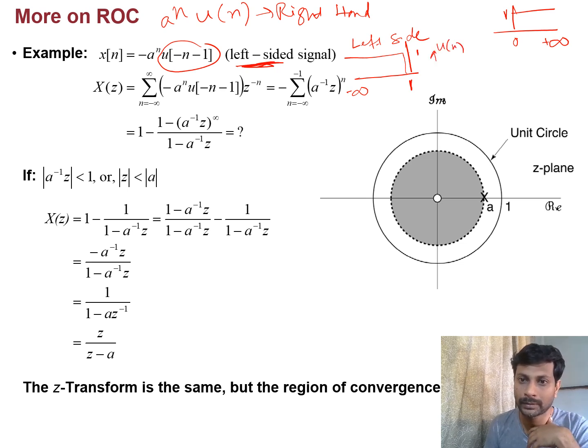So u[n] is a to the power n u[-n-1]. This is a left hand sequence, so the limit changes to minus infinity to -1, and here we are taking negative values, so this negative sign will be repeated for every term.